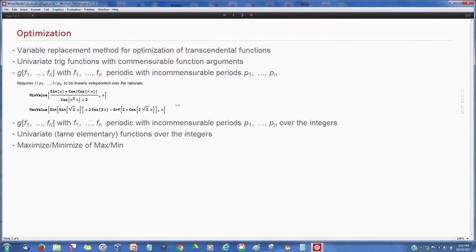Now, a little more complicated problem: we have several periodic functions with incommensurable periods. The theorem is that if the inverses of the periods are linearly independent over the rationals, then we can treat them sort of as independent variables.